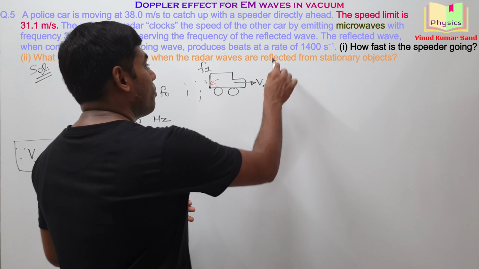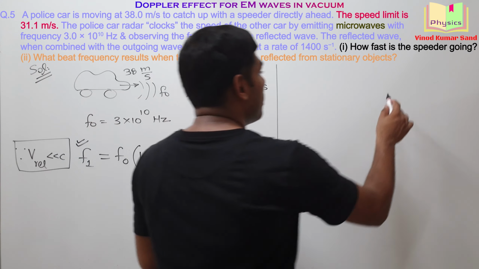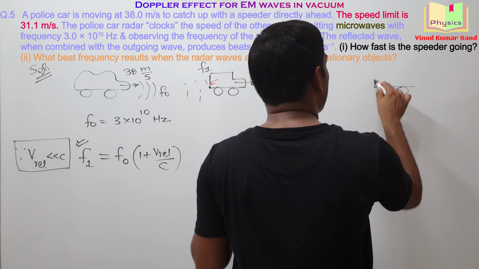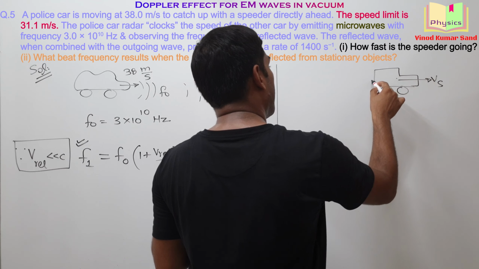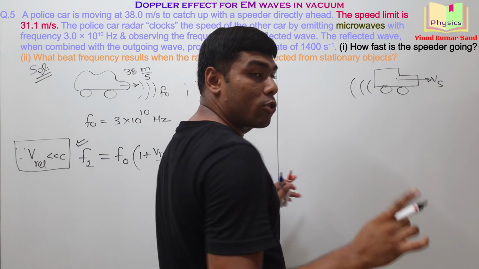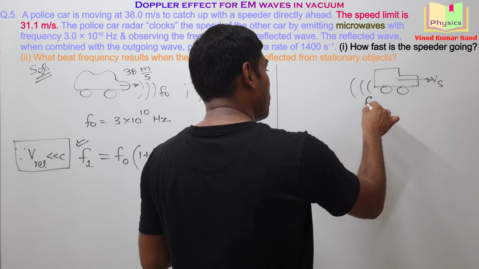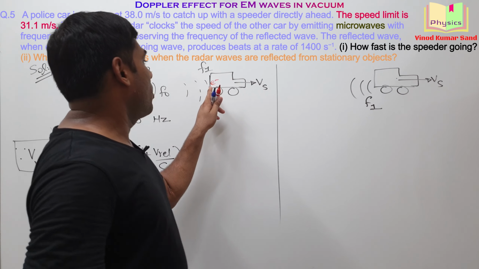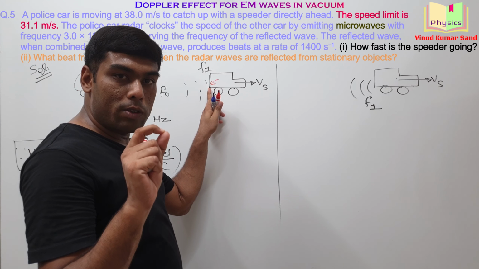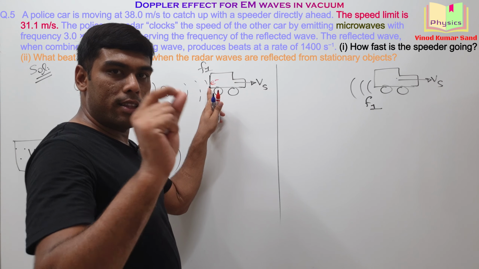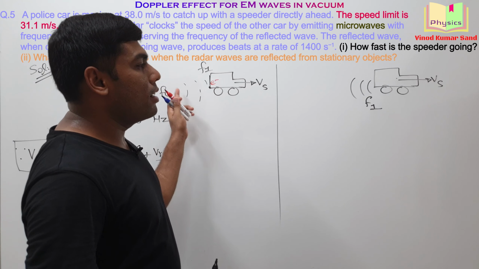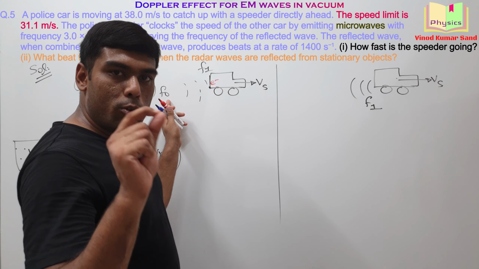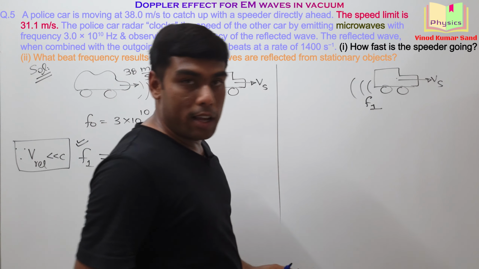It means for the second diagram, this speeder becomes the source, and it emits electromagnetic waves of frequency f1. Because the electrons here received the frequency f1, they absorbed it, started vibrating with the same frequency f1, and they'll emit electromagnetic waves of the same frequency f1.